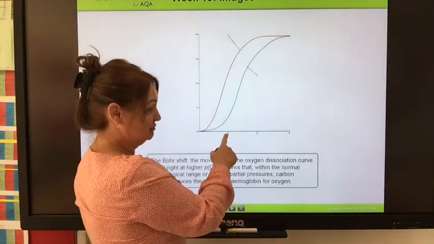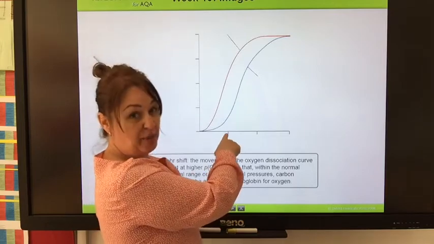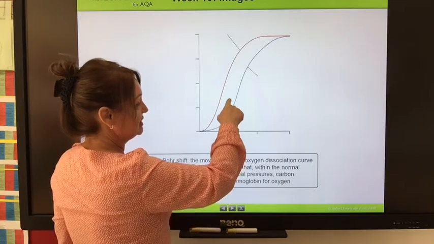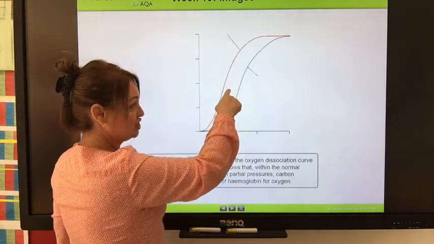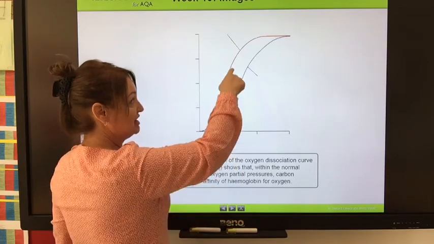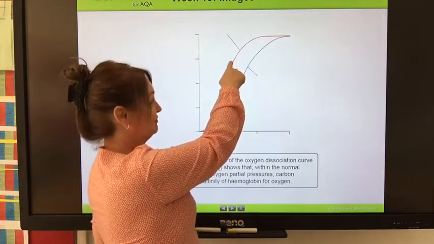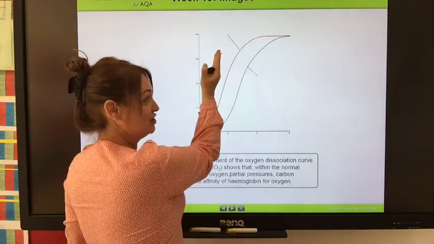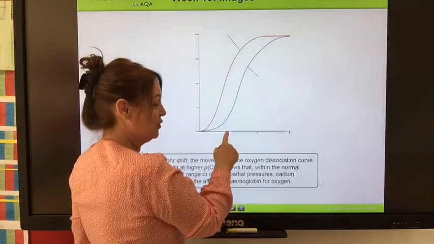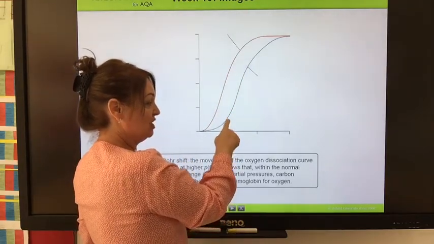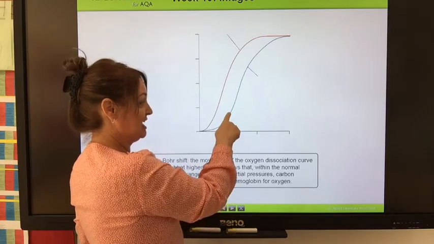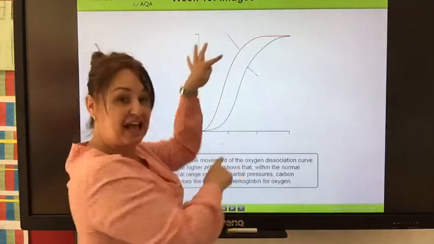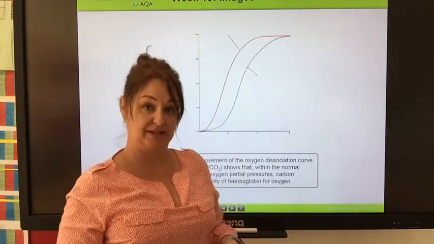At this partial pressure, let's call it 3, the haemoglobin has this much attachment to oxygen. It's saturated up to there. If there's a high level of carbon dioxide, however, that is shifted to the right. And now the haemoglobin is only saturated to this amount here, and so all that oxygen is therefore released to the cells.